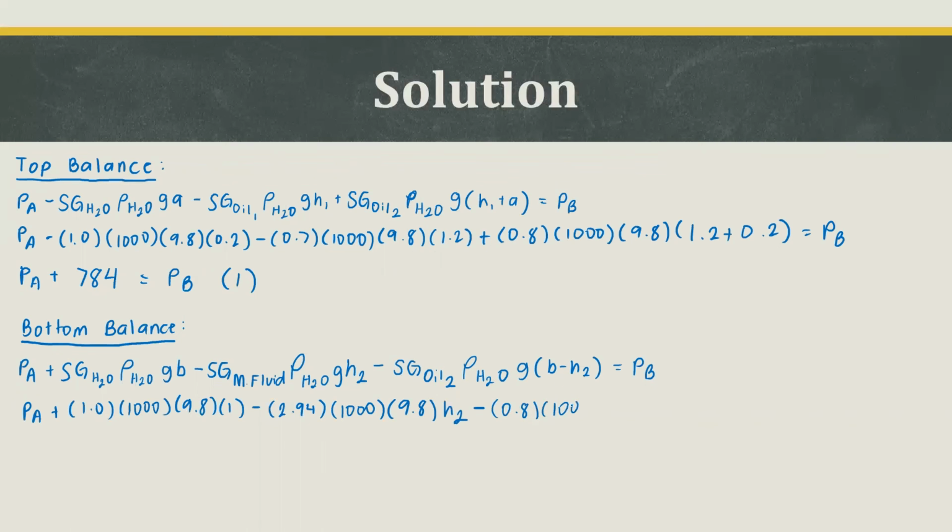Density of water 1000, gravity 9.8. And then B, which is 1, then minus H2 equals pressure at point B. Then simplifying this equation, you should get P sub A plus 1960 minus 20,972 H2 equals pressure at point B. So that will be our second equation.